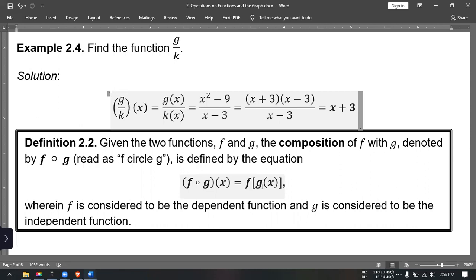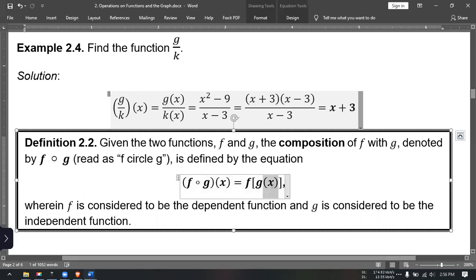This time, instead of a specific value of x, we'll be using a certain function to replace our variable x. Now, in this case, we'll be using the function g of x to replace every x variable of our function f. Okay, malinaw yun. Now, let's try to have or apply this with our examples.